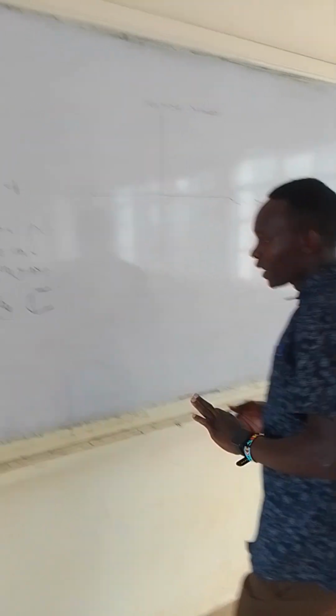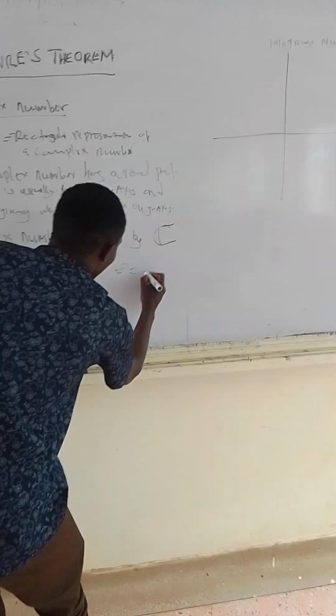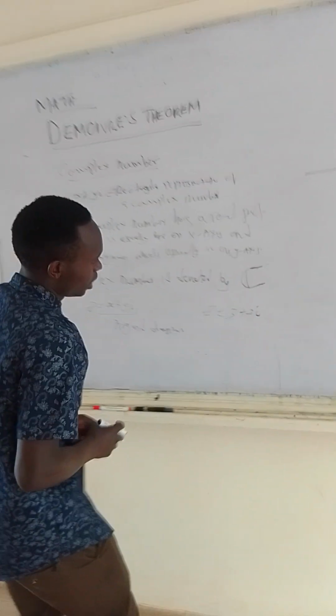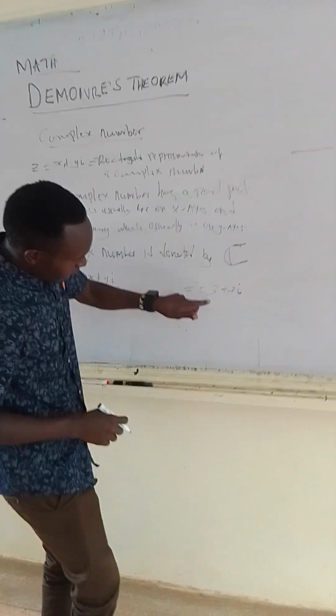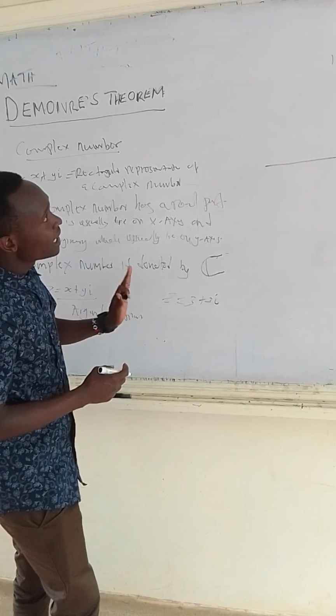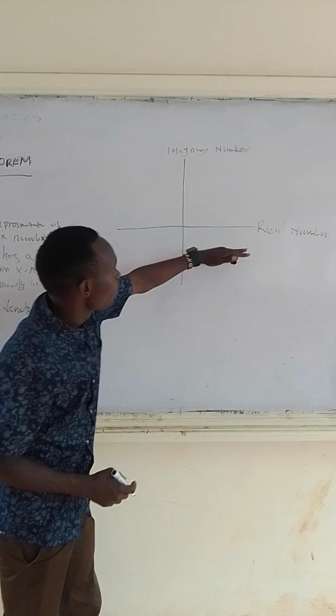So you can be given, let's say, z equal to 3 plus 3i. The imaginary part is on the y-axis, and you have the real part.